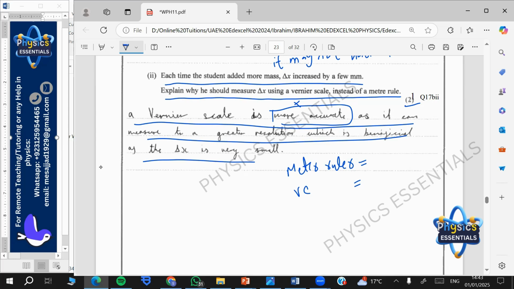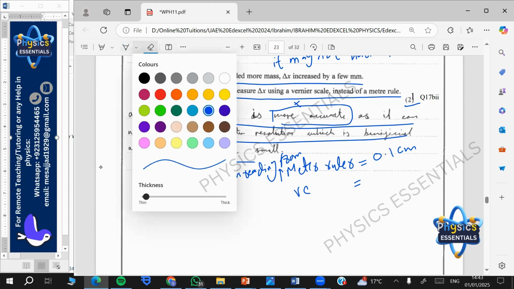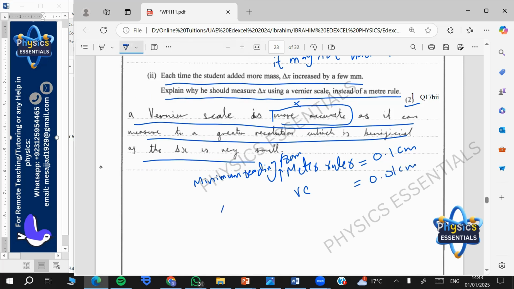So rather than writing "more accurate", you need to write that this is the minimum reading you can take. The minimum reading from a meter ruler is 0.1. Sorry, 0.1, and the minimum reading from the vernier caliper is 0.01.